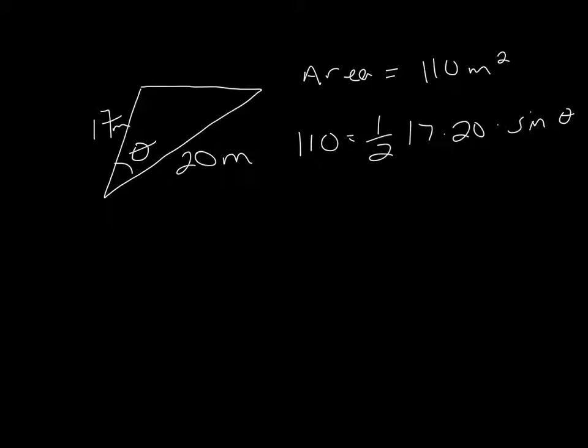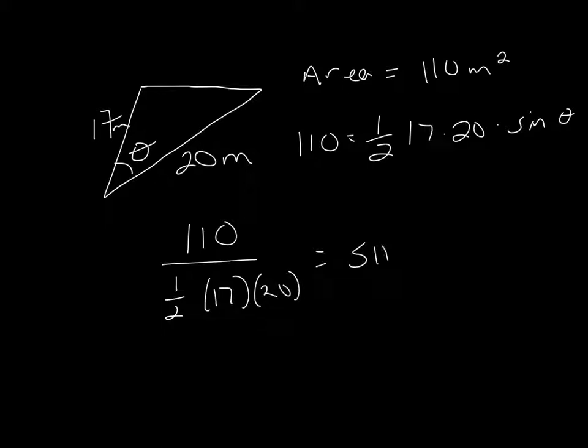Now to solve for this, I can divide each side, so I'm going to say 110 divided by 1/2 multiplied by 17 multiplied by 20 is going to be equal to the sine of theta. When I work this out on the left, I'll have approximately 0.64 equals the sine of theta. And now, how do we solve for this?